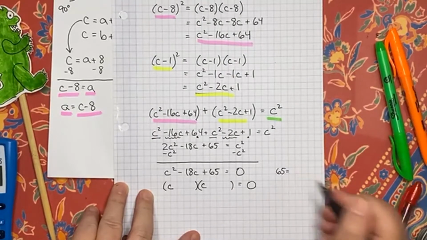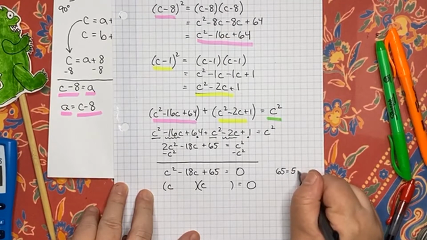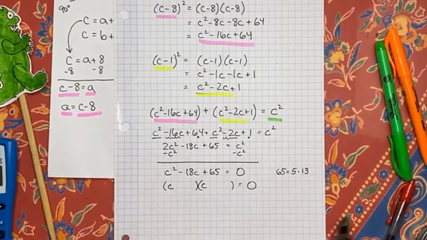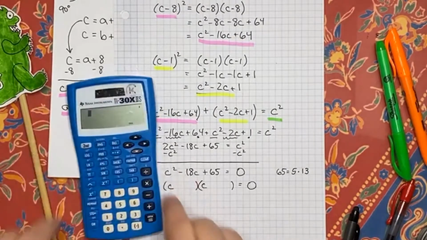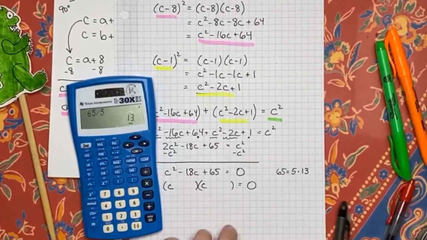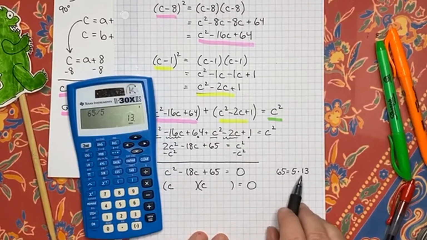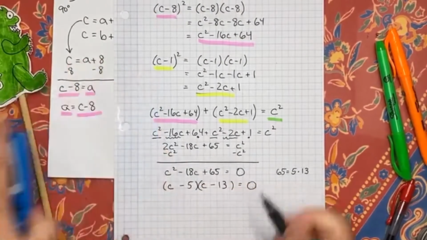65 is, I could multiply what? 5 times 13. Are there any other ways to break it down? I know 5 goes into it. Let me double check. 65 divided by 5 equals 13. Looks like that's the only way to break it down. So minus 5, minus 13. Will that work?